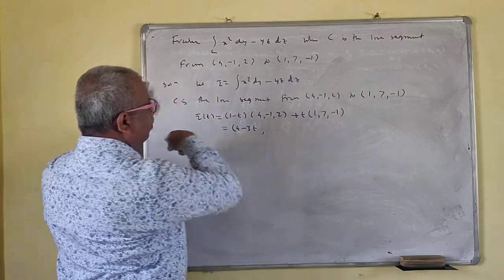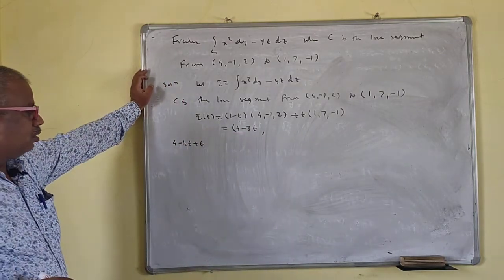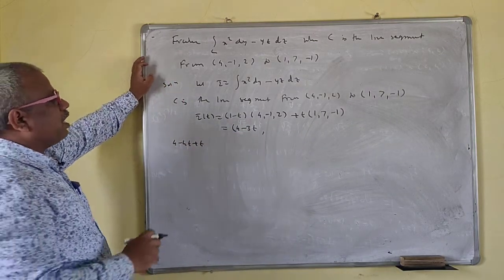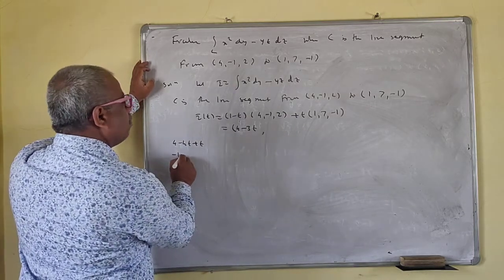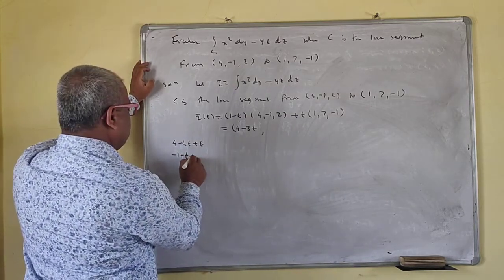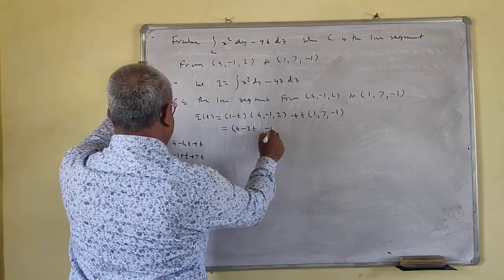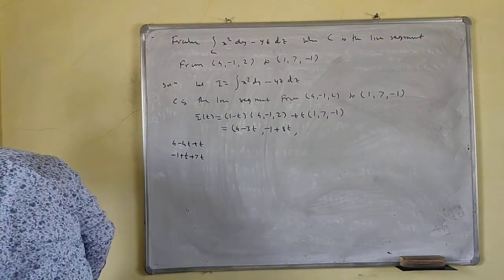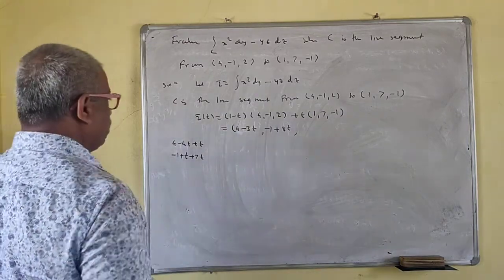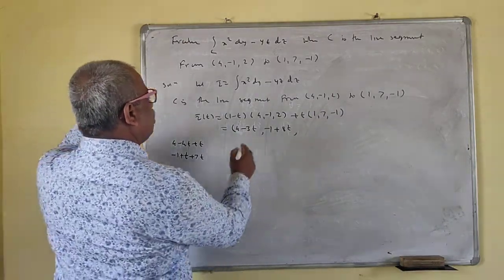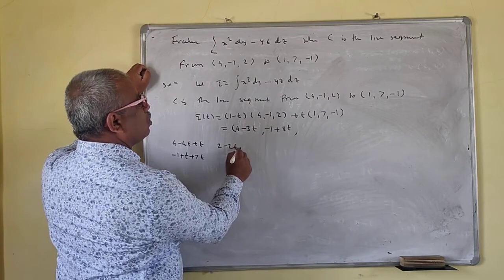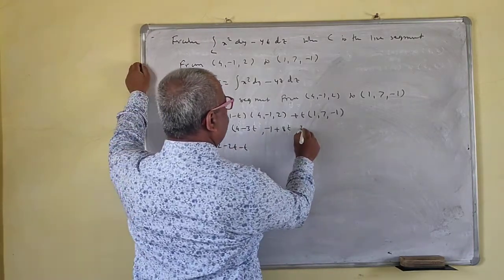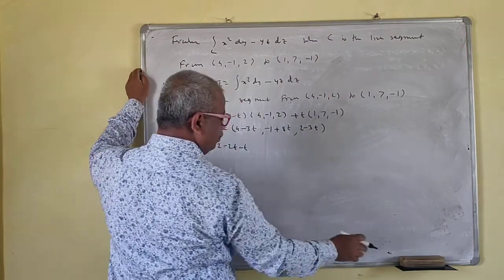Okay, second component, minus 1 plus t plus 7t. So this is minus 1 plus 8t. Okay, now next, 2 minus 2t minus t. So 2 minus 3t.